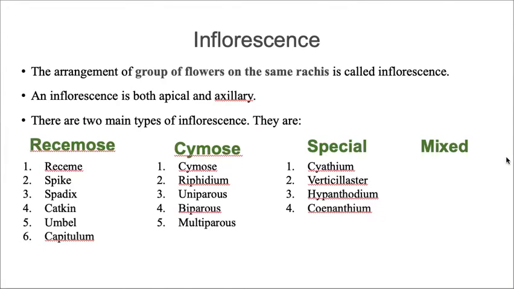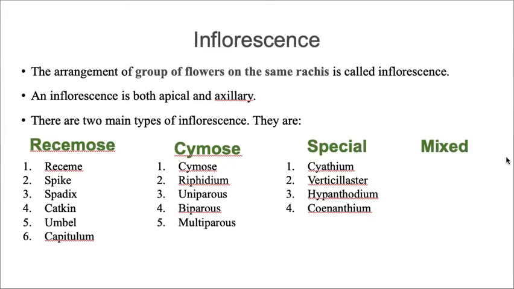Now, if you take the structure of the flower, the stalk of the flower is called the pedicel, and on the pedicel you can see an elevated structure called the thalamus. On the thalamus you can see four parts of the flower: calyx, corolla, androecium, and gynoecium.